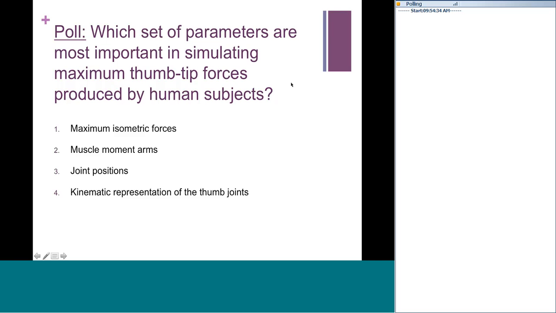Did anybody vote? Joy, can you help me? We're tallying the results. Oh, okay, great.